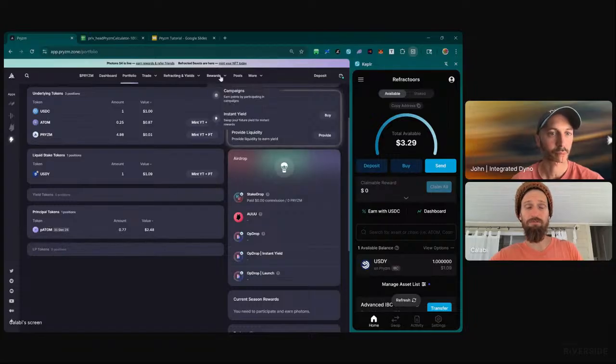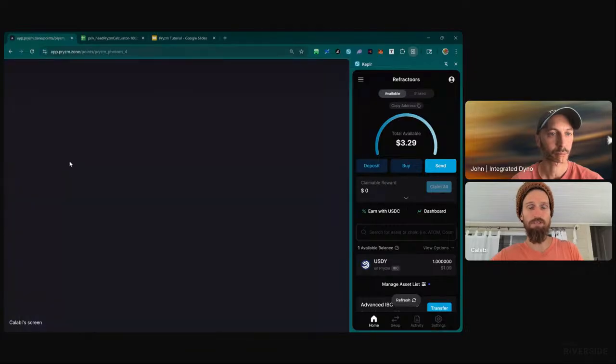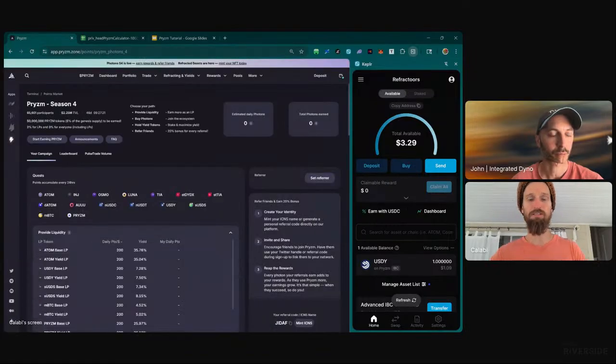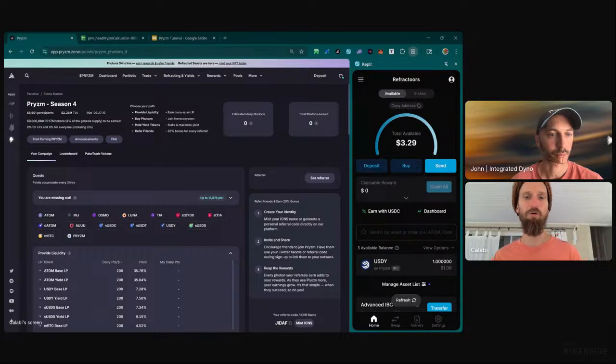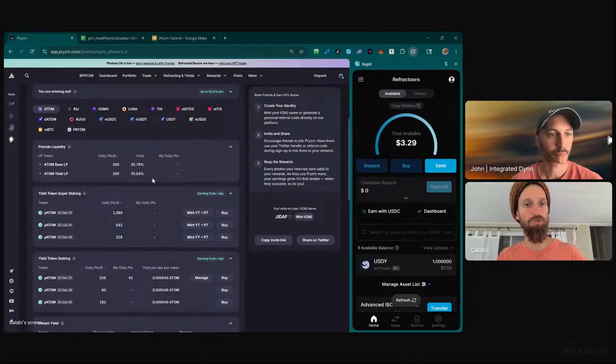Because if you go to the rewards page, you can see the campaigns. We're on season 4. They call it their Photon campaign. It's a point-based campaign where the points become a claim on the Pryzm that they've allotted towards the campaign. And you can see by filtering for atom what you can get for providing liquidity.